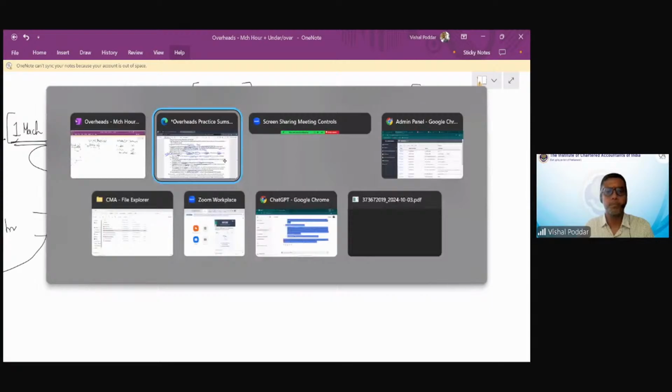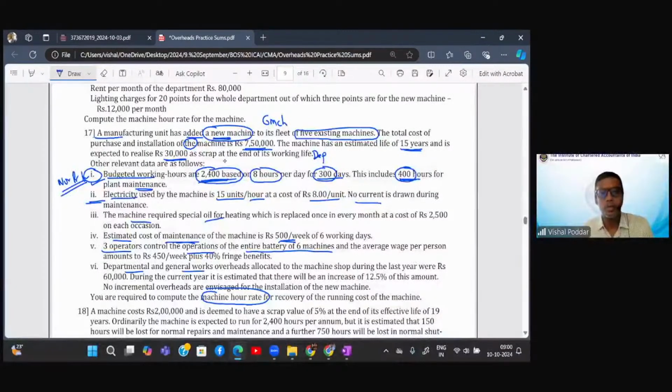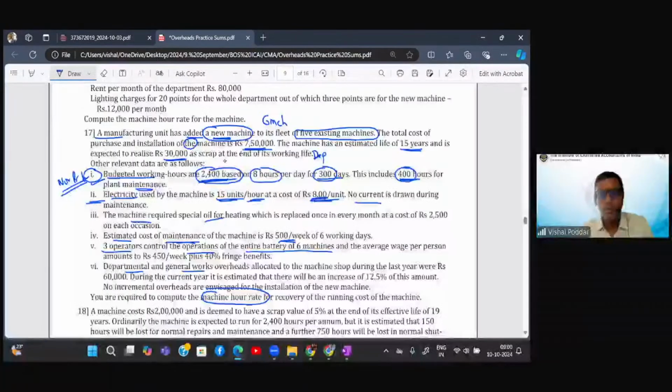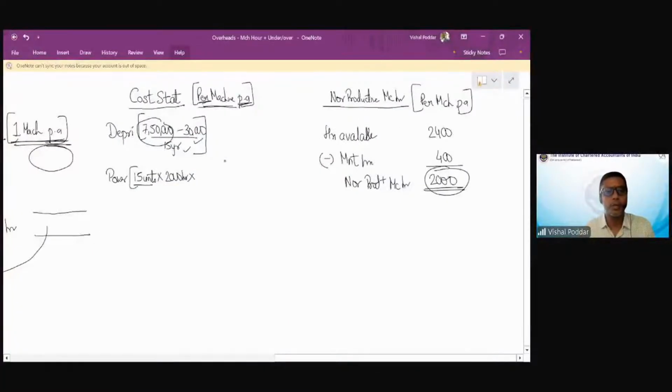Correct. Then electricity use is 15 units per hour at the rate of 8. So for power or electricity, I consume 15 units per hour. And how many hours is the machine going to work? 2000 hours. And the per unit rate is rupees 8. So see, 15 units per hour into 2000 hours will give me the total units I'll be requiring in the whole year. And this multiplied by rupees 8 will give me my electricity bill.